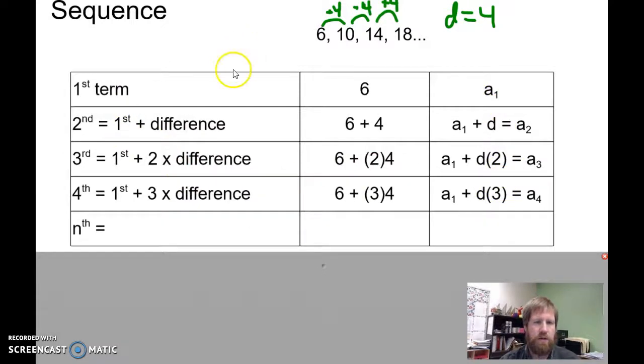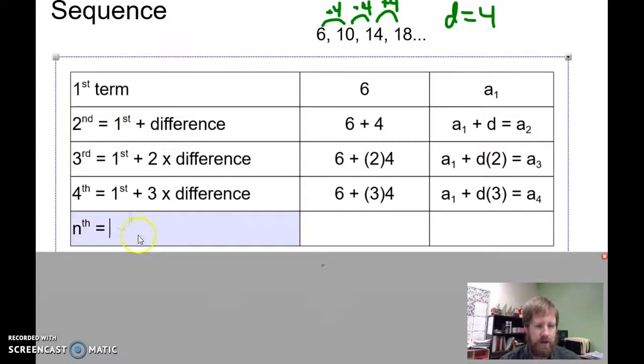Okay, so I'm going to have this be my first term, plus, well, now this becomes a problem because I don't know what term it is. And right now I've got a number in there.